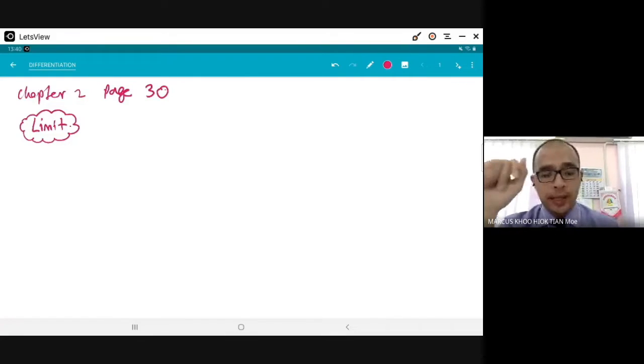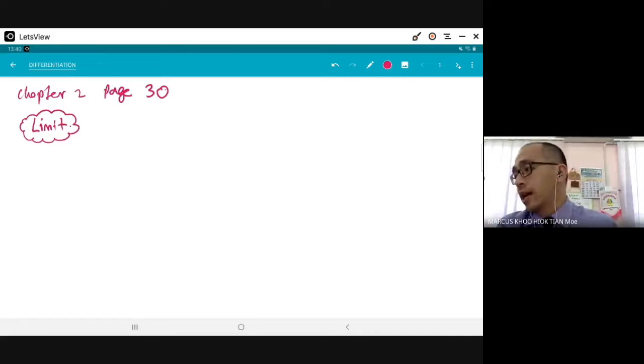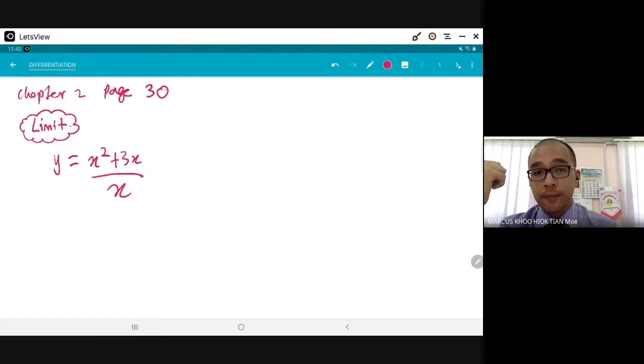Okay, so let's say if I follow the example in this one, let's say I give you an equation y equals x squared plus 3x over x. Now take a look at the table in page 31.